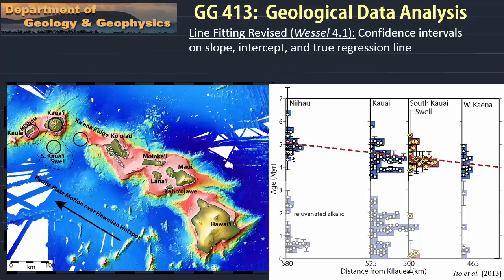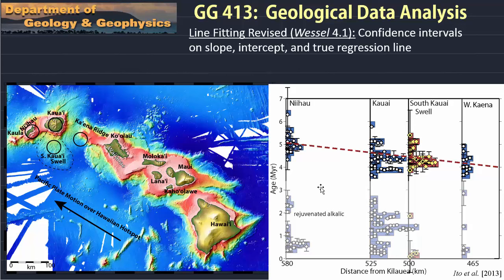Now, the diagram to the right shows radiometric ages of many lava samples taken from 4 volcanoes: Ni'ihau, Kauai, a submarine swell just south of Kauai, as well as West Kaiana, which is just off of Kaiana Point of Oahu.